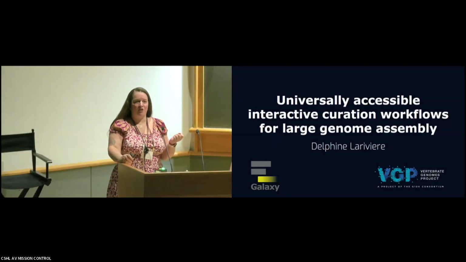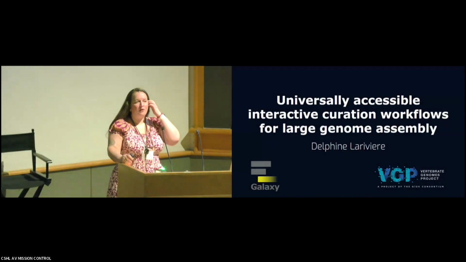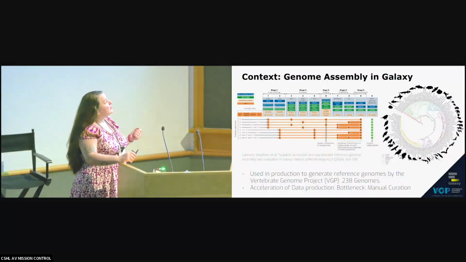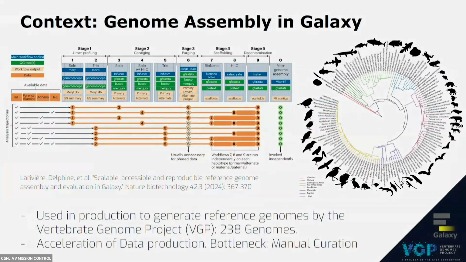So today I'm presenting work we've been doing to help people that assemble genomes, accelerate the manual curation of the genome. A bit of context: this work is part of a collaboration between the Vertebrate Genome Project and the Galaxy team.